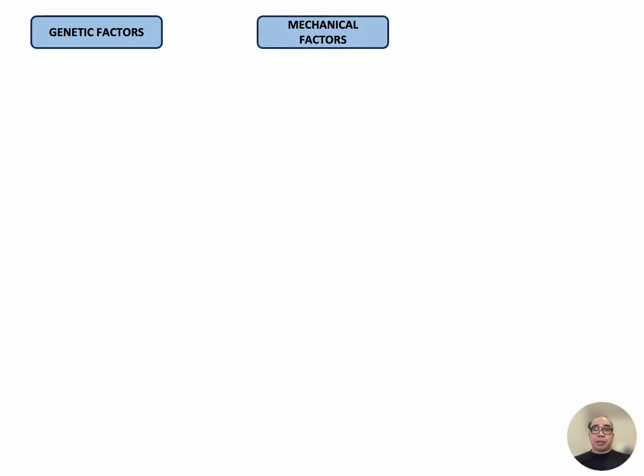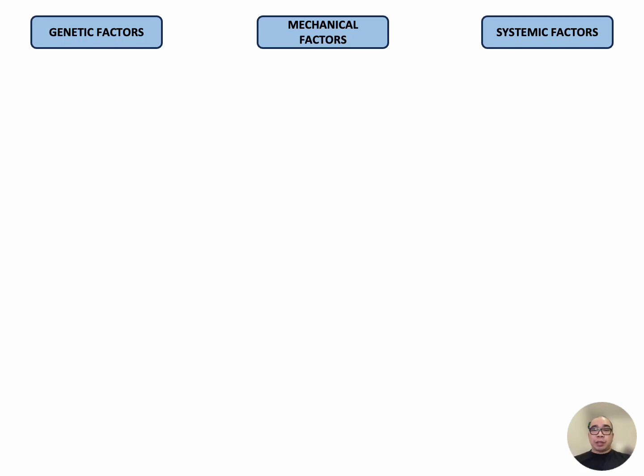Mechanical stress factors such as joint malalignment, previous joint injuries, and overuse of the joints can increase the risk of osteoarthritis in non-specific joints. Systemic factors such as obesity and diabetes can contribute to the development and progression of osteoarthritis. Old age and menopausal women are also included in this factor.